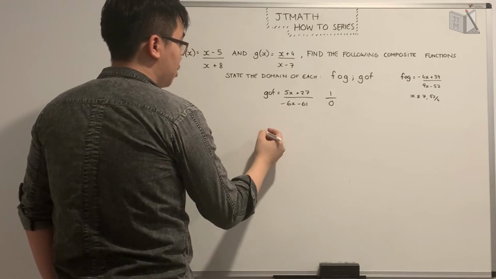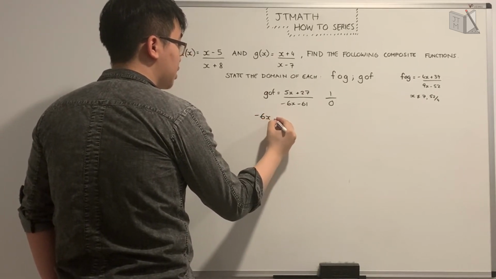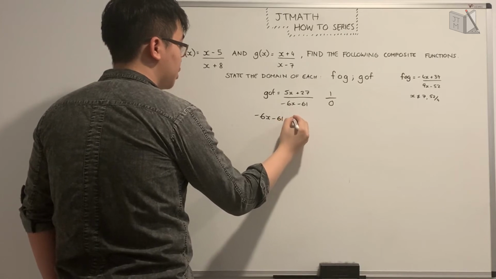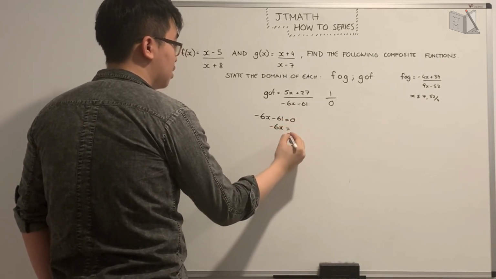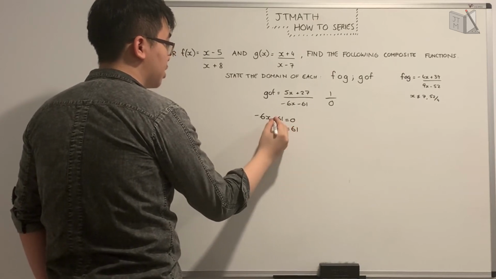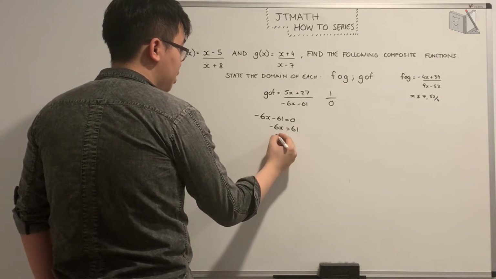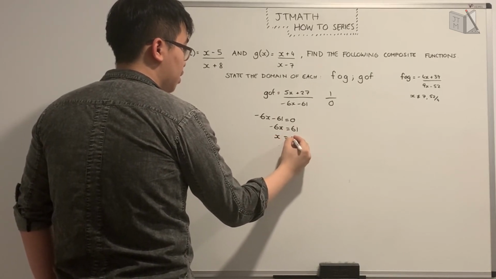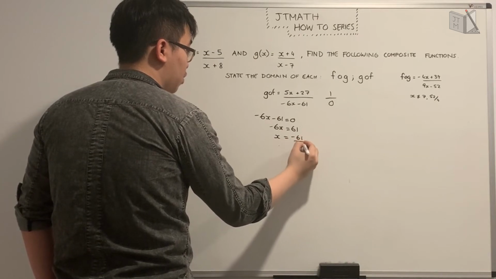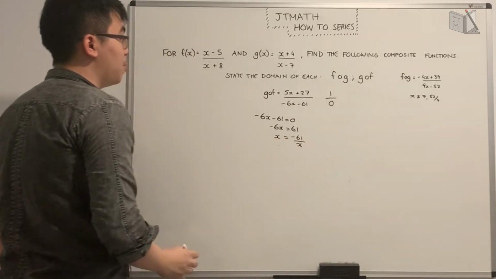So for this composite function, I'm going to exclude values where minus 6x minus 61 is equal to 0. Therefore, minus 6x is 61. We move the 61 to the right side, and then we divide by minus 6. So that's going to be minus 61 over 6. So I want to exclude this value from my domain.